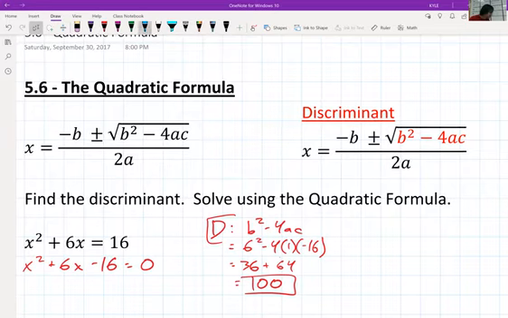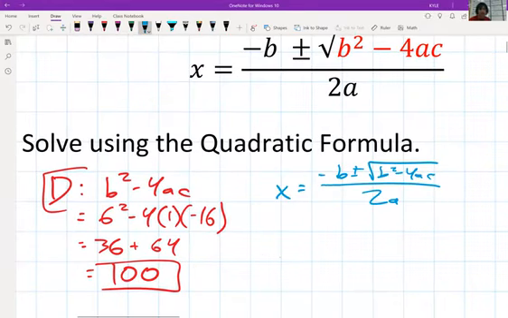The second part says actually solve using the quadratic formula. So here we go. x equals negative b plus or minus square root of b squared minus 4ac all over 2a. And you laugh right now, but it gets stuck in your head and you remember it.